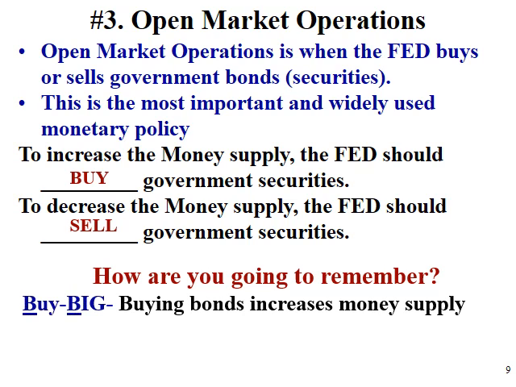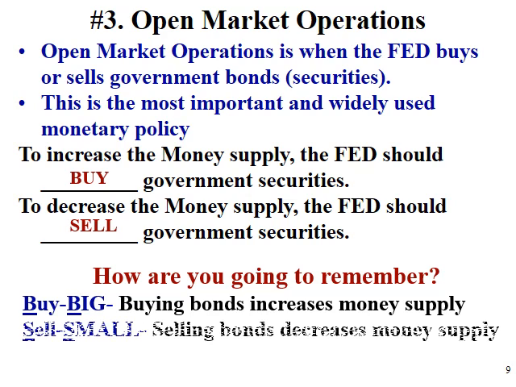So the easiest way to remember the impact that buying and selling bonds has on the money supply is simply buy big, sell small. When you buy bonds, the money supply gets bigger. When you sell bonds, the money supply gets smaller.